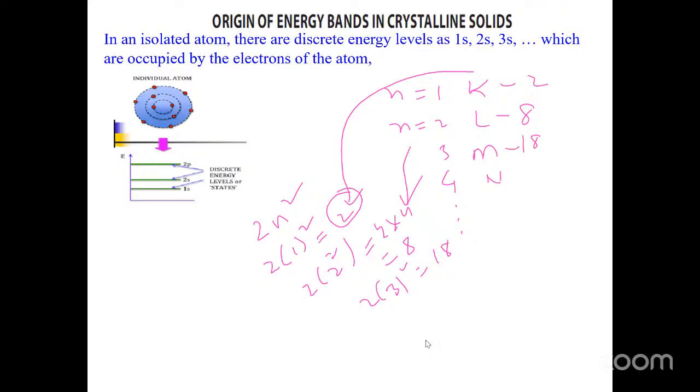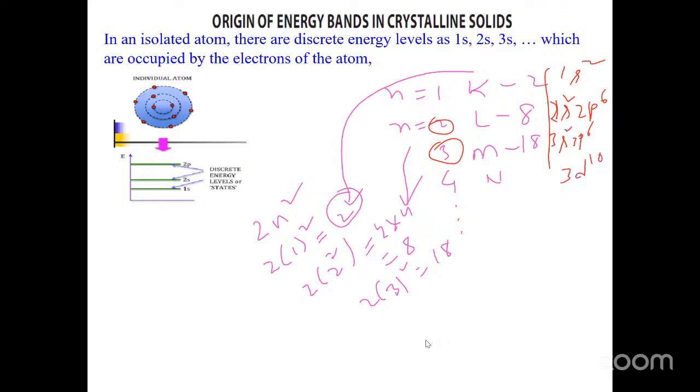But how do you write and how are these electrons occupied? 1s2. Here subshells are also there. 2s2, because n is 2: 2s2, 2p6. Here n is 3: 3s2, 3p6, 3d10.